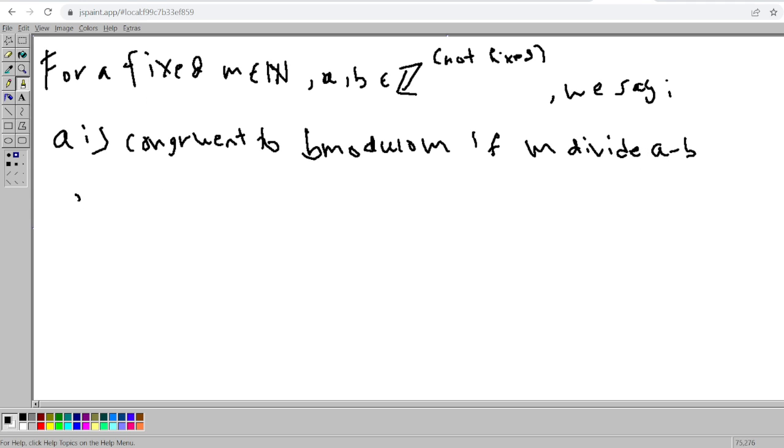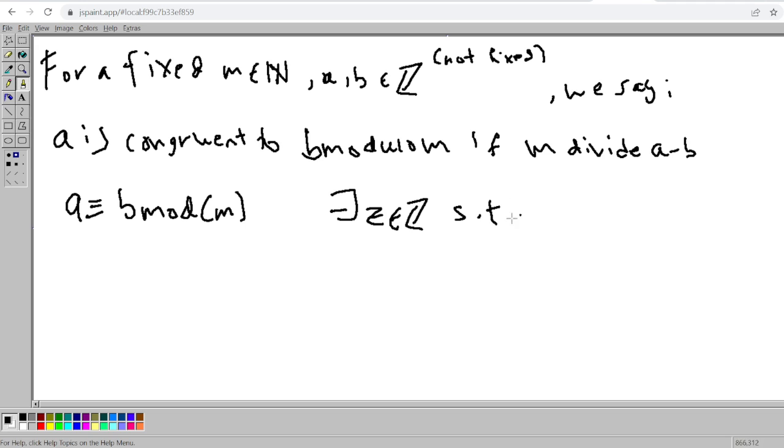It's written as a is congruent to b mod m. Basically, it's also saying there exists a z in Z such that a minus b is equal to m times z.